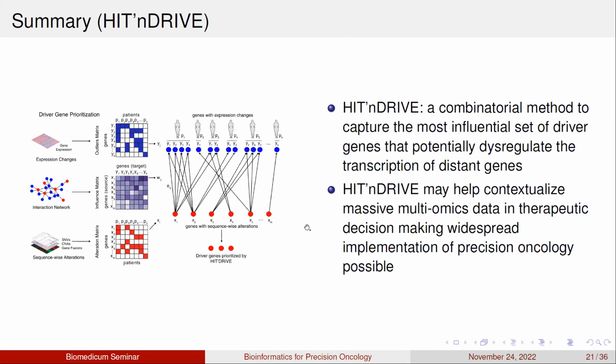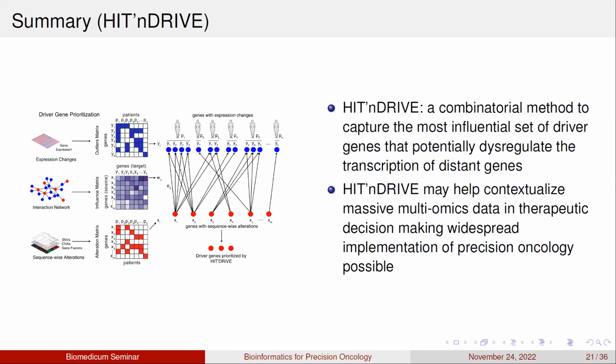In this way, we can help contextualize this multi-omics data while making treatment decisions. This is the summary of what we have done in developing this novel cancer driver prediction algorithm.